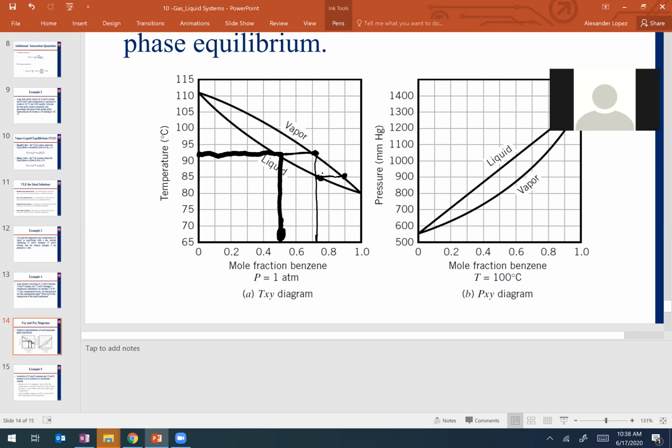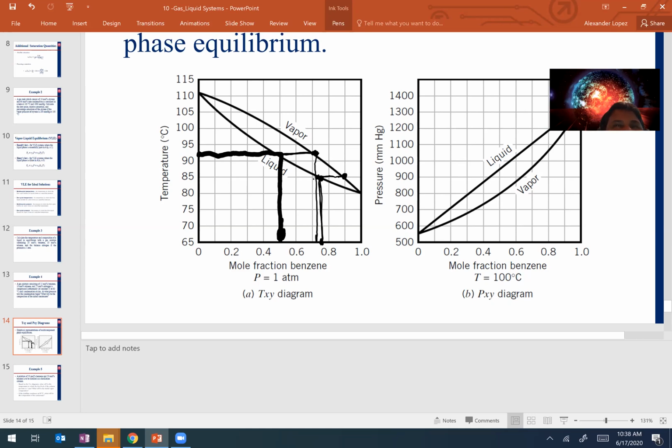Is it the liquid composition? So you could say it's the liquid composition. Be about that.